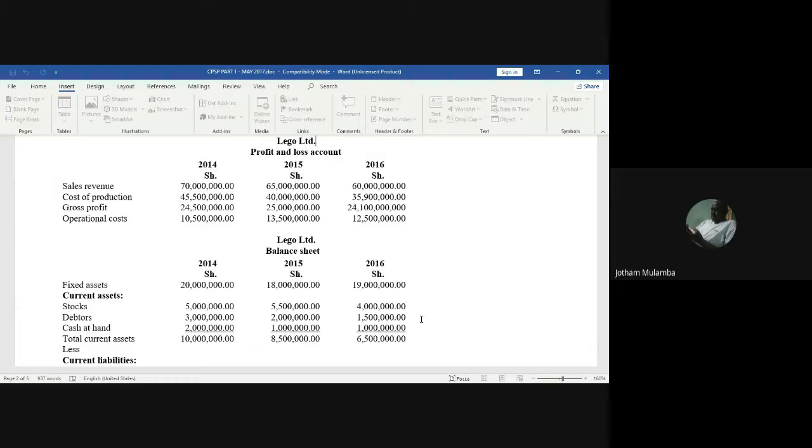Then the answer you get, divide it by 60 million. 17%. Yeah.